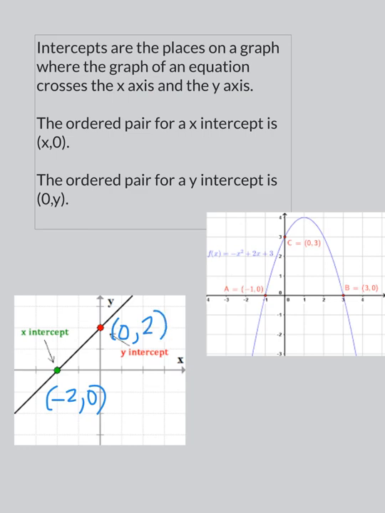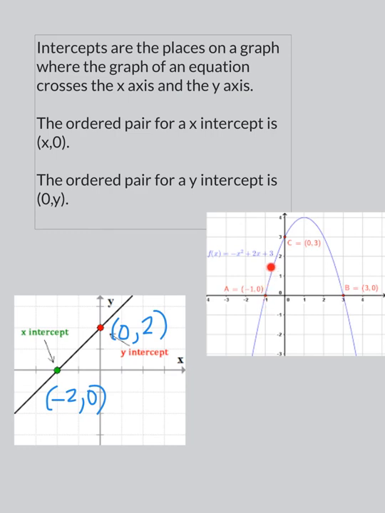Now I have a nonlinear example over here. This is a parabola, an upside down parabola, a frowny face parabola. And as I move from left to right, I come to an x-intercept, (-1, 0).